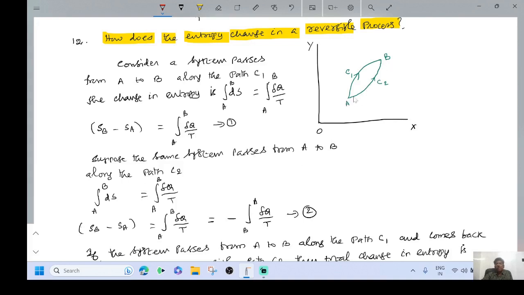If the system is choosing this path, you can get the same result. SB minus SA equal to integral limit varying from A to B del Q by T.